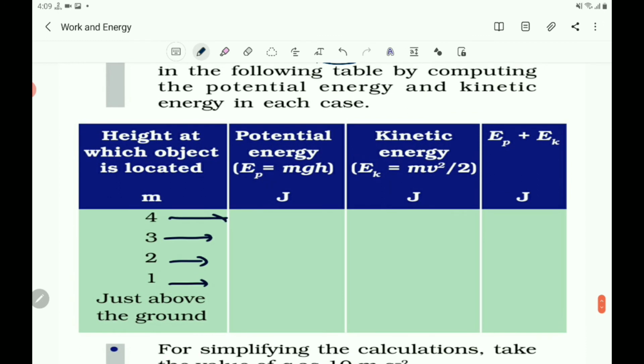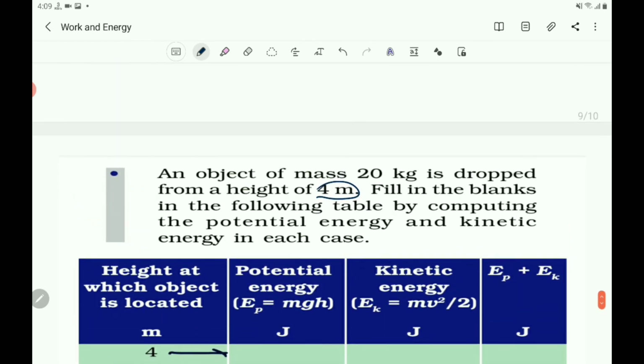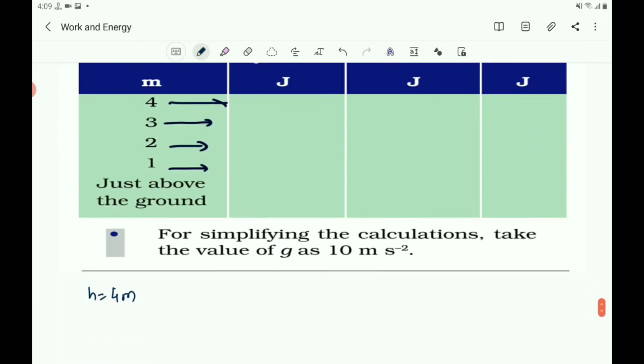And it is given that mass m is equal to 20 kg. And also the acceleration due to gravity is given, the value of g is 10 m/s².